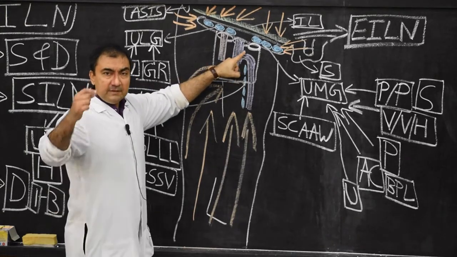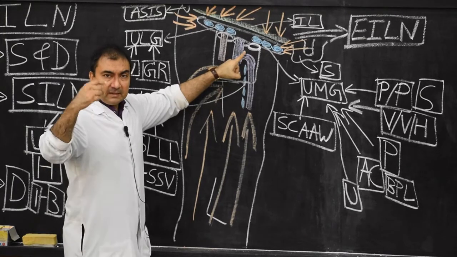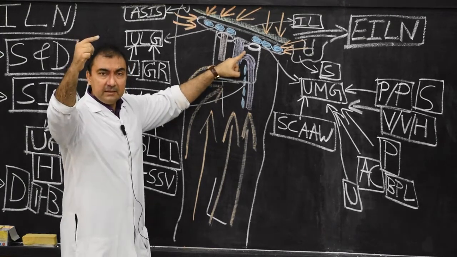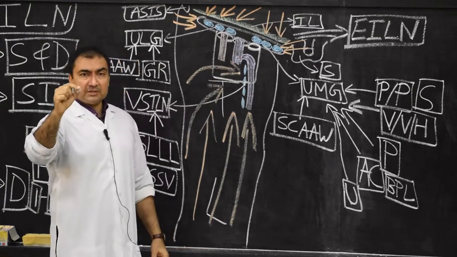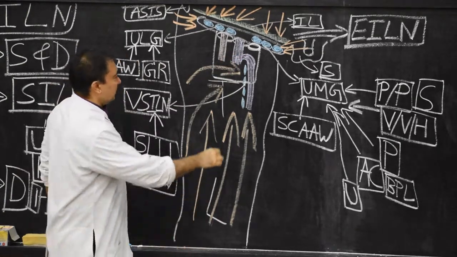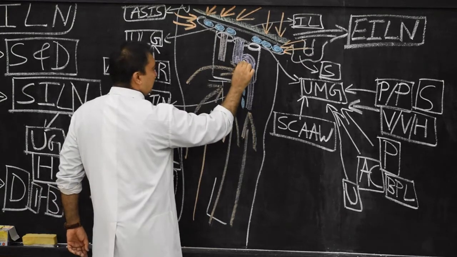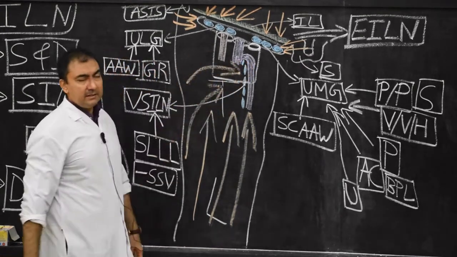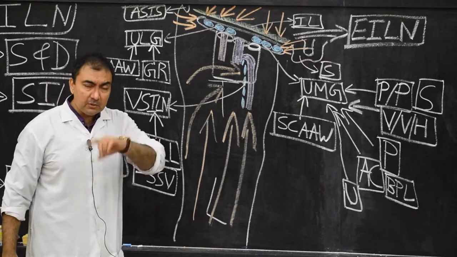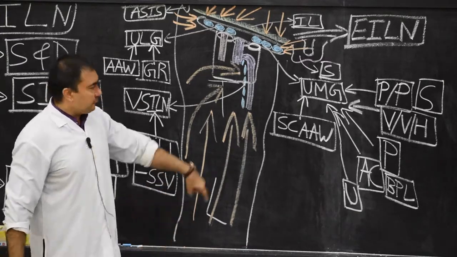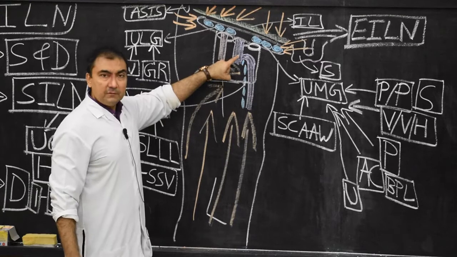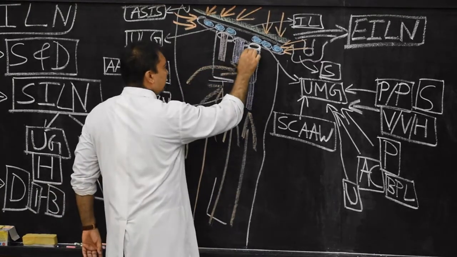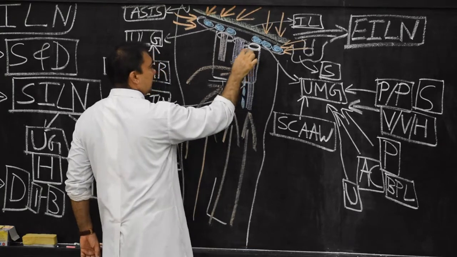And we start from lower. There are 3. We start from the lower, then intermediate, then uppermost. The lowermost deep inguinal lymph node will be present on the medial side of the femoral vein, just below the drainage of the great saphenous vein into the femoral vein. Then intermediate. The intermediate will be present in the femoral canal.